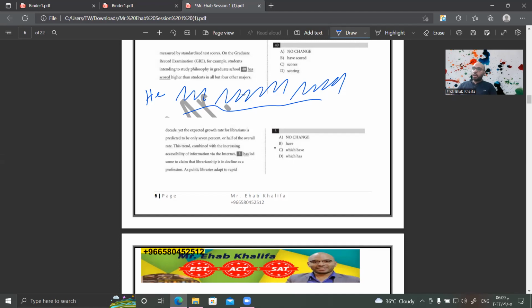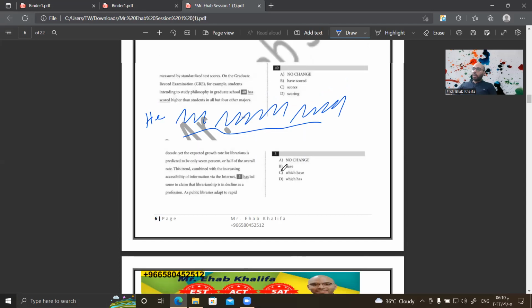This is the point. So how can we answer the subject-verb agreement questions? So easy. Make the sentence simple. Get rid of the distractors. What are the distractors? The prepositional phrases, the non-essential clauses, the essential clauses beginning with that, and we will see all of that, of course.